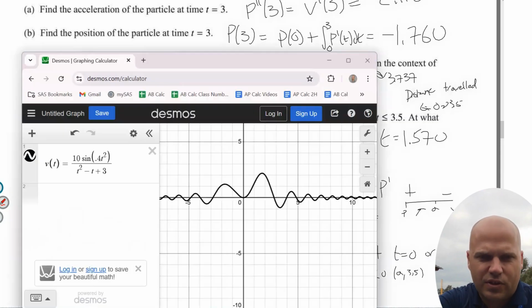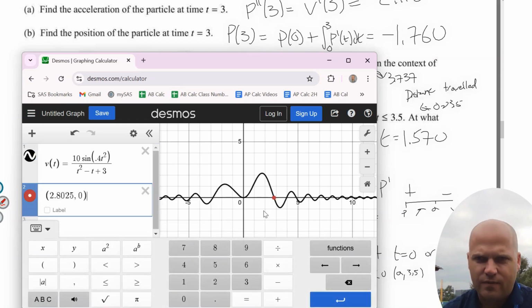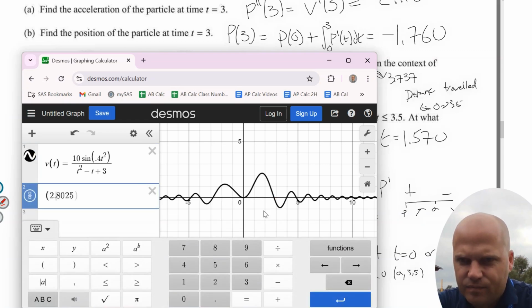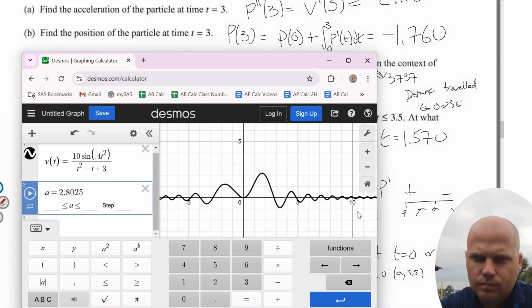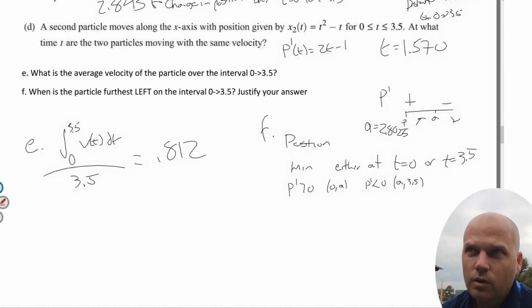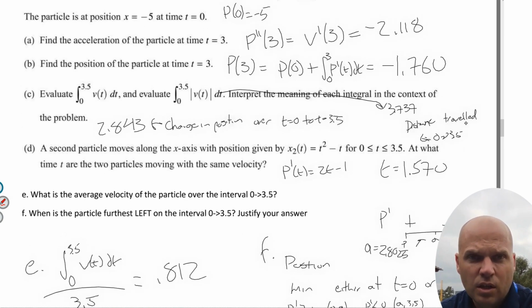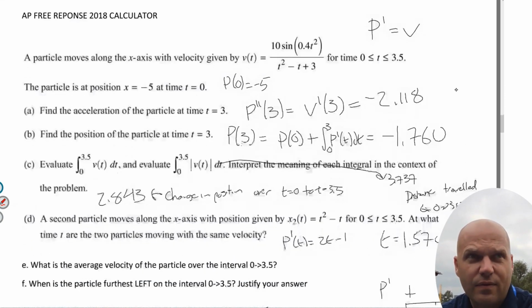A equals 2.8025, so you've got to write that down. Cool. So I know my position at time 0 is -5.